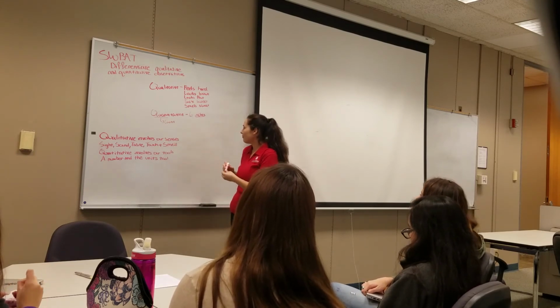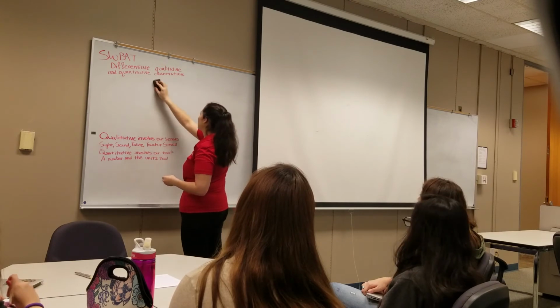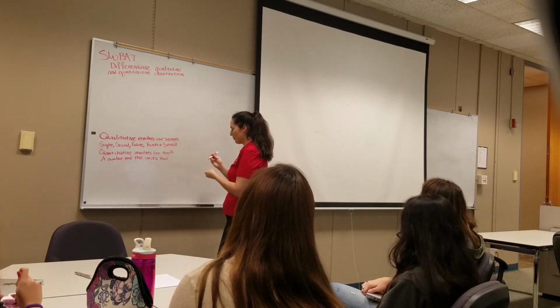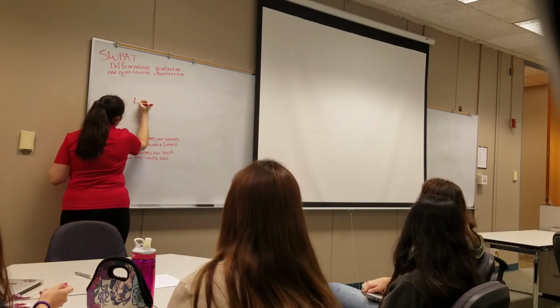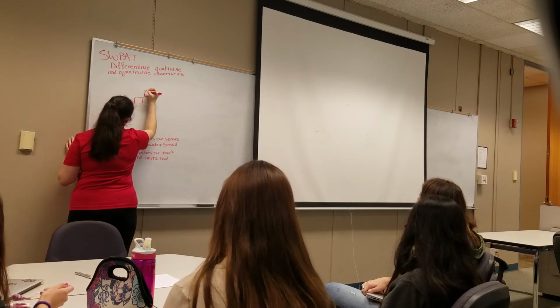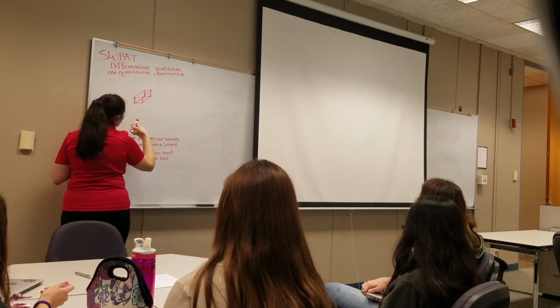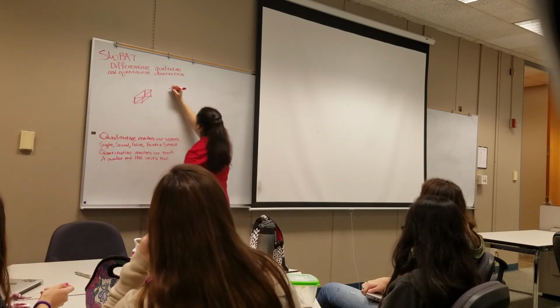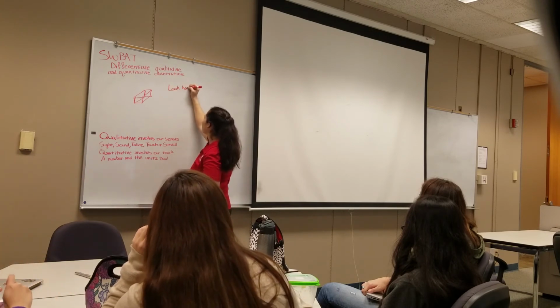So I'm going to give a quick example or two, just so you guys can understand. So if I have a block, all right, so I have a rectangular prism here, and I said, it looks hard.